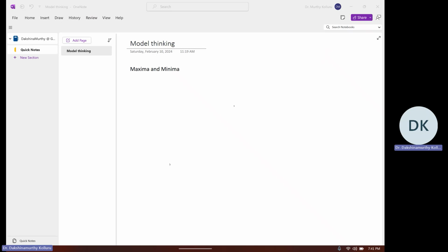Now let's start with calculus, finding maxima and minima. In the simpler case, which you are familiar with, let me take the example that I have used in class itself and the notebook, x square minus 2x plus 1. I want to find the maxima or minima.